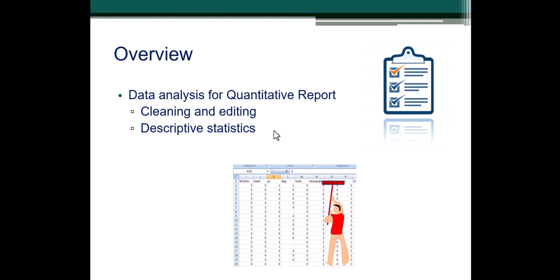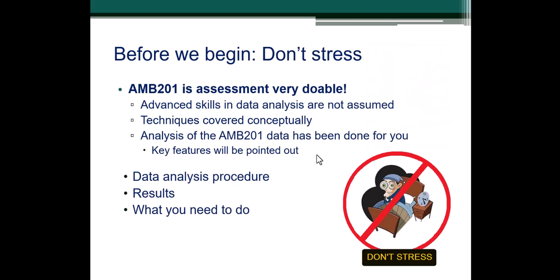What we will be looking at in the next video then is inferential statistics, which build on the descriptive statistics, where we conduct analyses like t-tests, correlations, and so on, in order to infer something from our data set about the broader population. Okay, that's the next video. So in this one, we're talking about cleaning and editing the data and descriptive statistics.